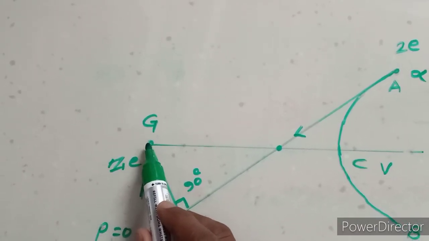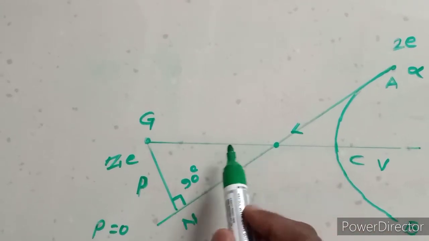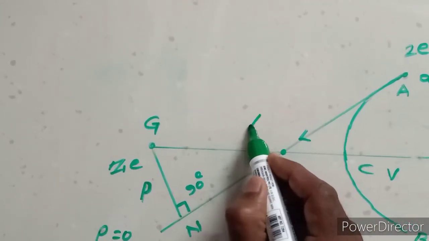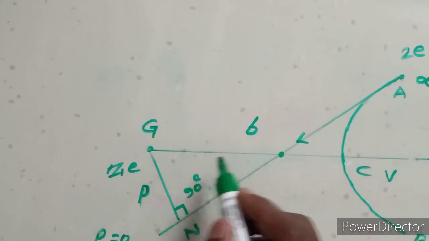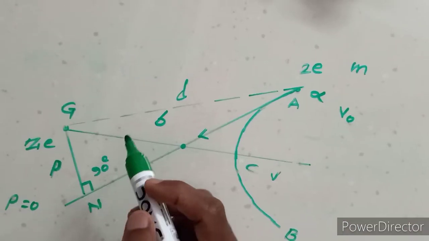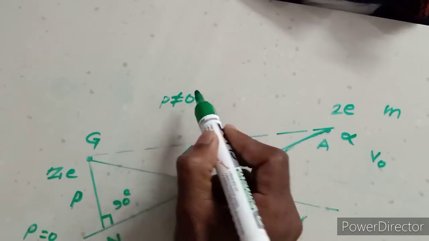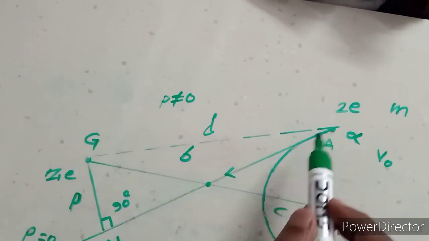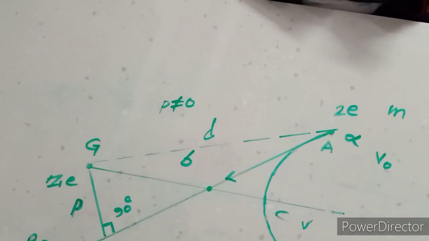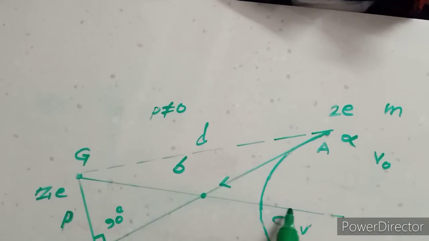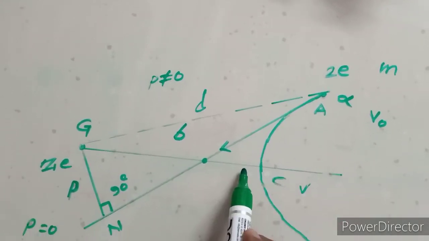The distance between the gold nucleus and C is called the closest distance of approach. If p not equals 0, then the closest distance is this. If p equals 0, the closest distance of approach is this.